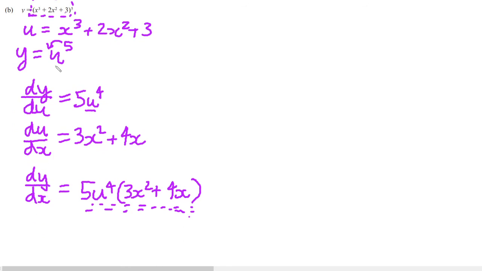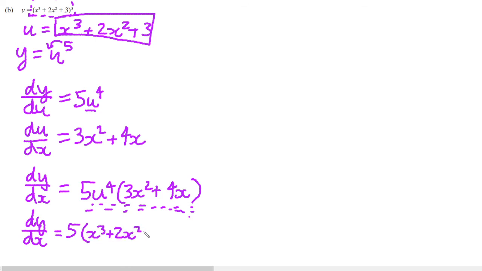So let's resubstitute this function of x back into u, where we have u right now. And dy by dx becomes 5 times x cubed plus 2x squared plus 3 to the power of 4, multiplied by 3x squared plus 4x.